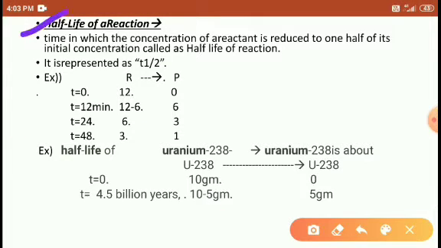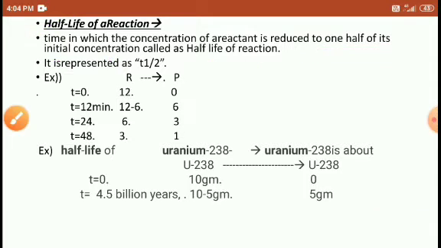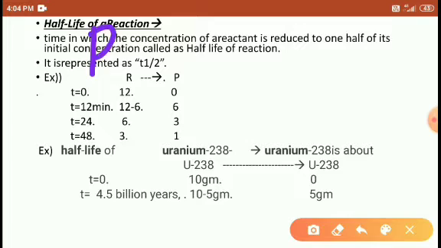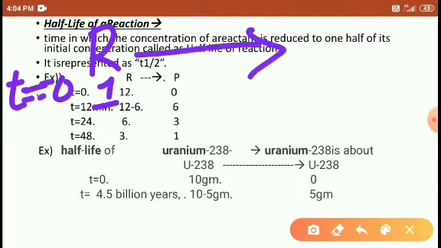The half-life of a reaction is the time in which the concentration of reactant is reduced to half of its initial concentration. It means, students, when the concentration of reactant R at time T equals 0 is 1 gram, it turns into product.